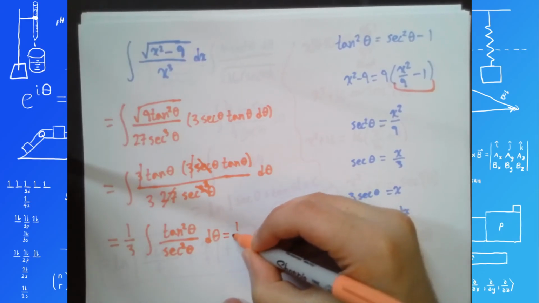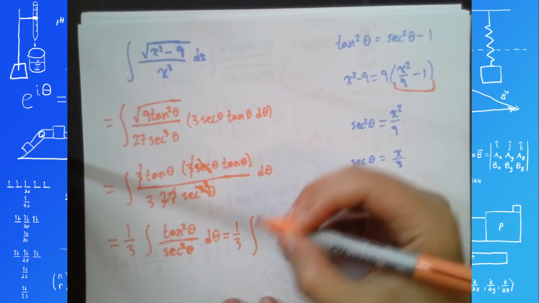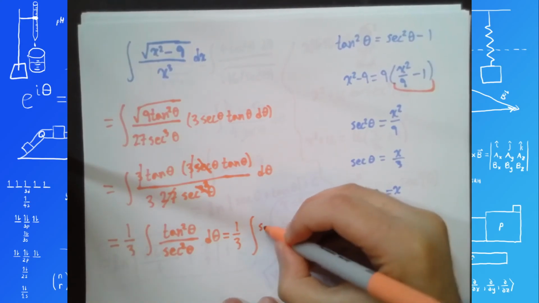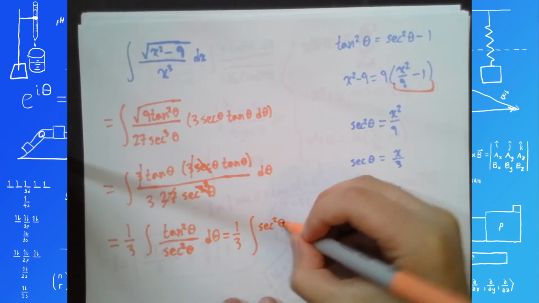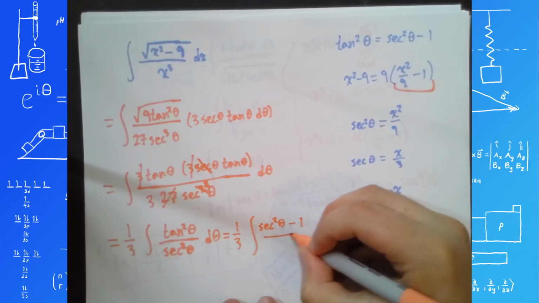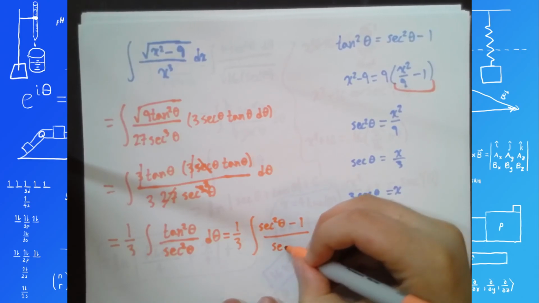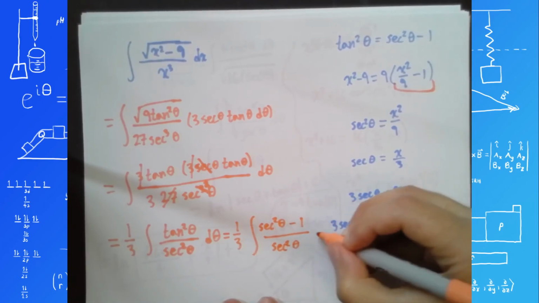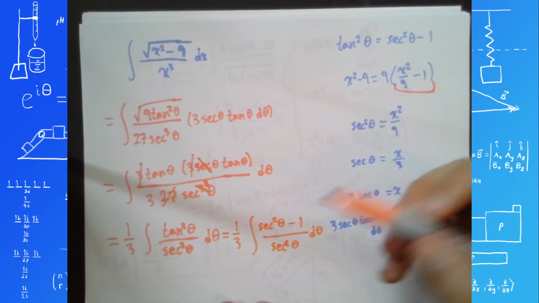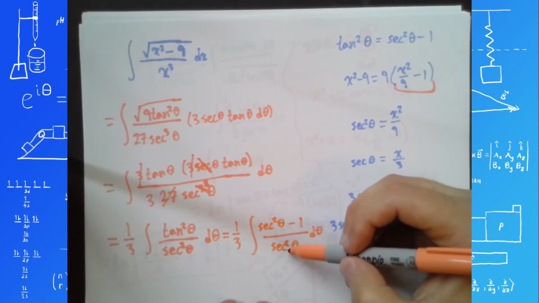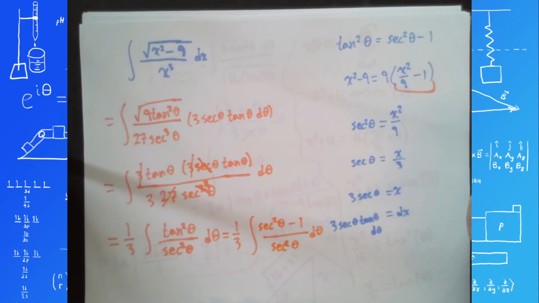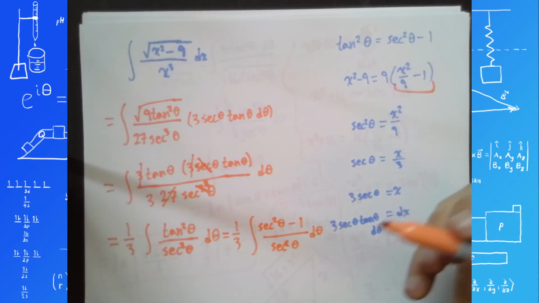So I can rewrite this as 1/3 integral of tan squared becomes secant squared of theta minus 1 over secant squared theta d theta. Okay, so secant squared over secant squared is 1 minus 1 over secant squared. Well, that's cosine squared.